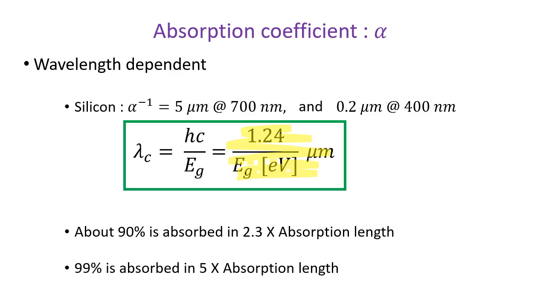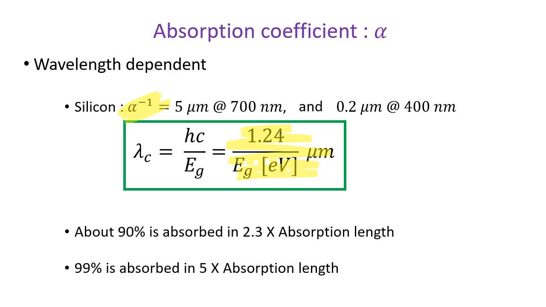Now, one very important thing to note: when you talk about alpha inverse as a length scale, what one is telling is that if you look at about 2.5 times the absorption length, basically 90% of the input energy is going to be absorbed, right?